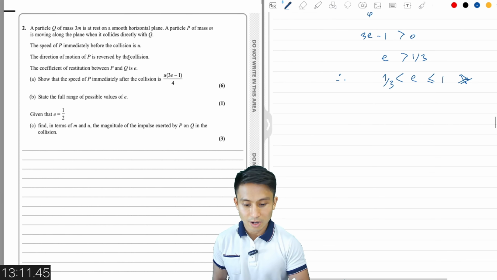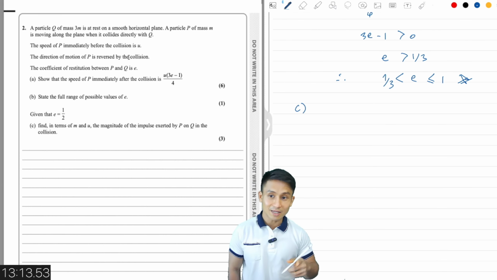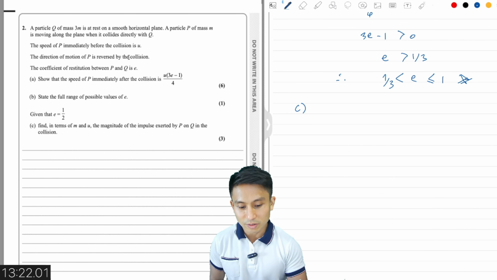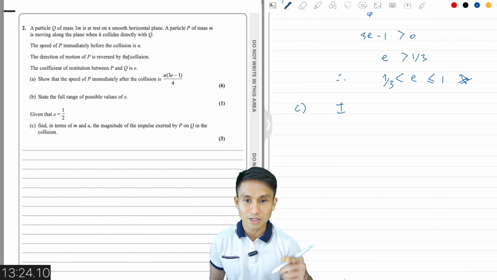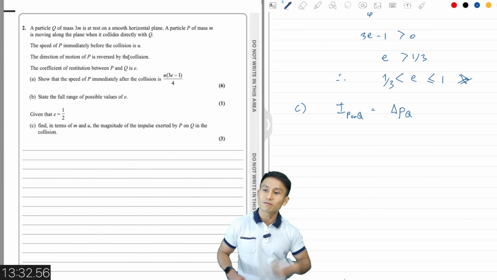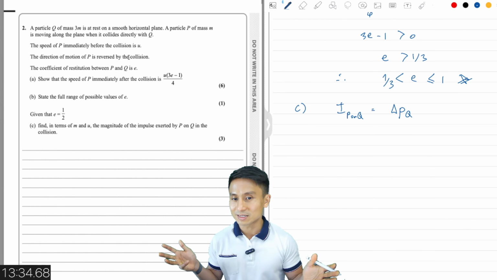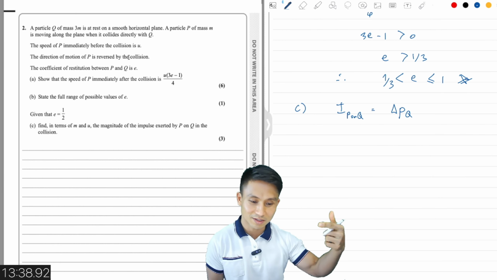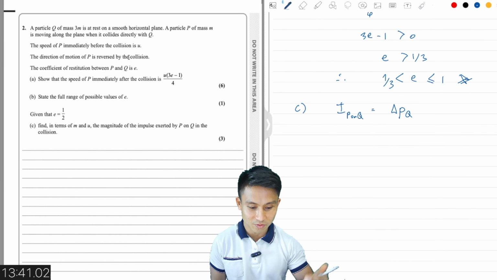Okay. Now part C, given that e is now a half, well, that makes sense, greater than 1/3. Find in terms of m and u the magnitude of impulse exerted by P on Q. So impulse exerted by P on Q would be equal to the change in momentum of Q. You can find the change in momentum of P because they are the same anyway, but by definition this should match the change in momentum of Q, right?